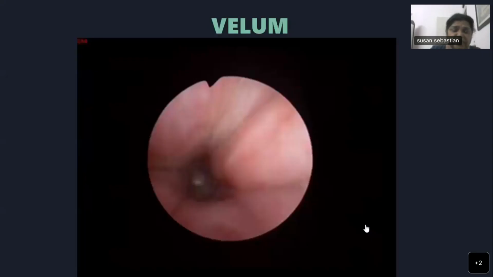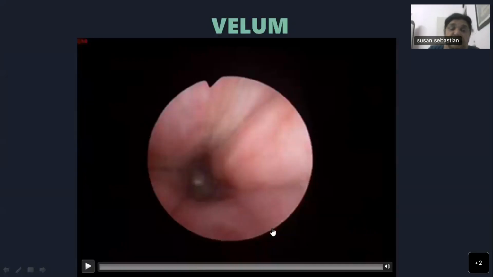Now let's look at some of the videos of DISE. See, this is an obstruction at the level of the velum. Here you will be seeing the soft palate. These are the salpingopharyngeal folds on either side, and this is the posterior pharyngeal wall. So now let's see.